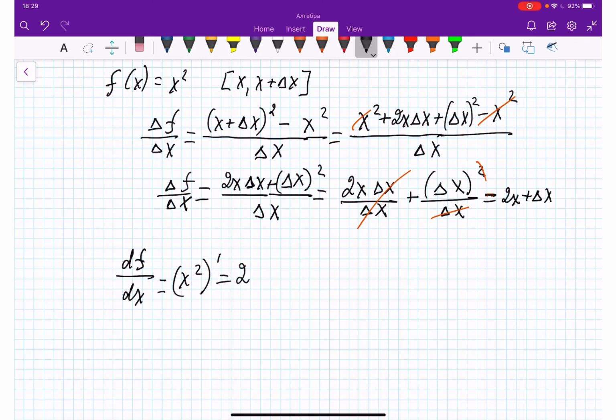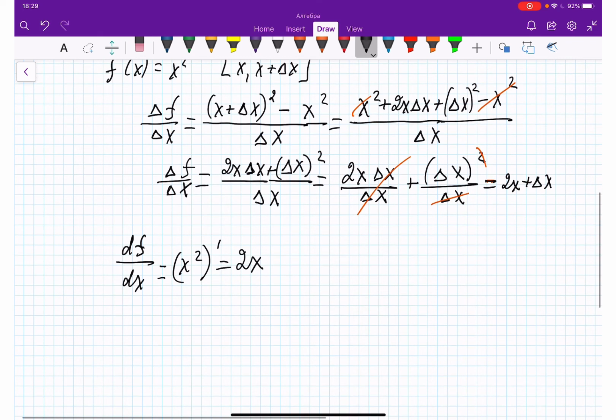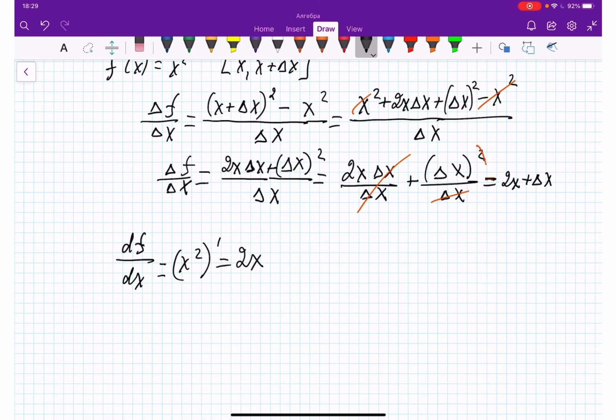This is going to be 2x. Or through the limit you can also write the same thing: df by dx is the limit when delta x approaches 0 of 2x plus delta x, which is equal to 2x.